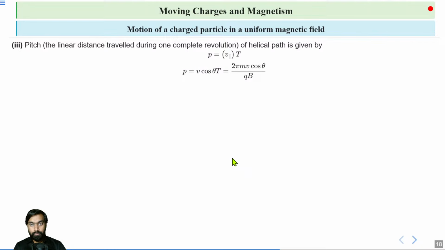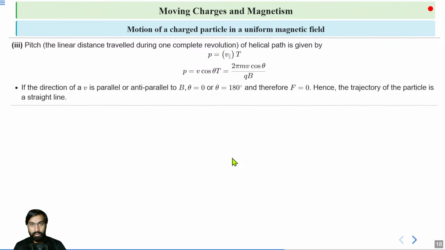So this is the full formula. And if the direction of v is parallel or anti-parallel to B, theta equal to 0 degree or 180 degree, and therefore F equal to 0, hence the trajectory of the particle is a straight line. Clear? Yes or no, everyone?